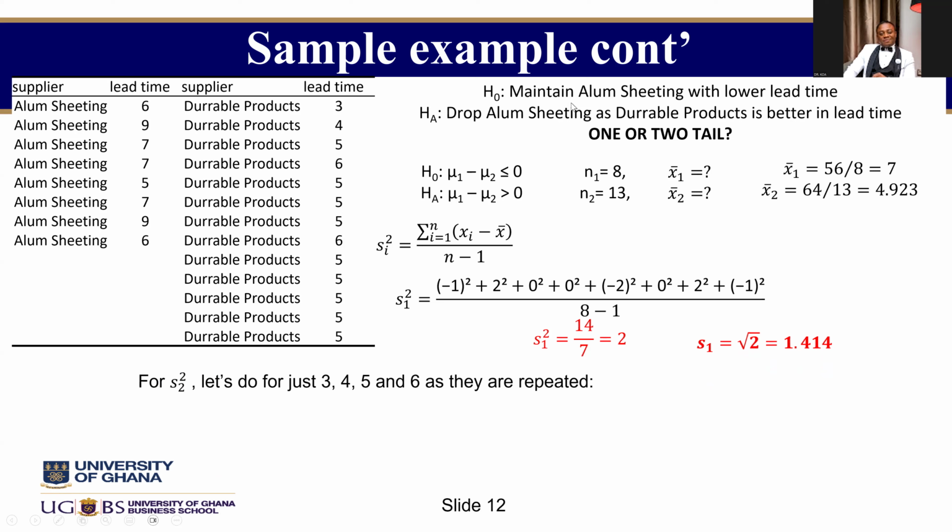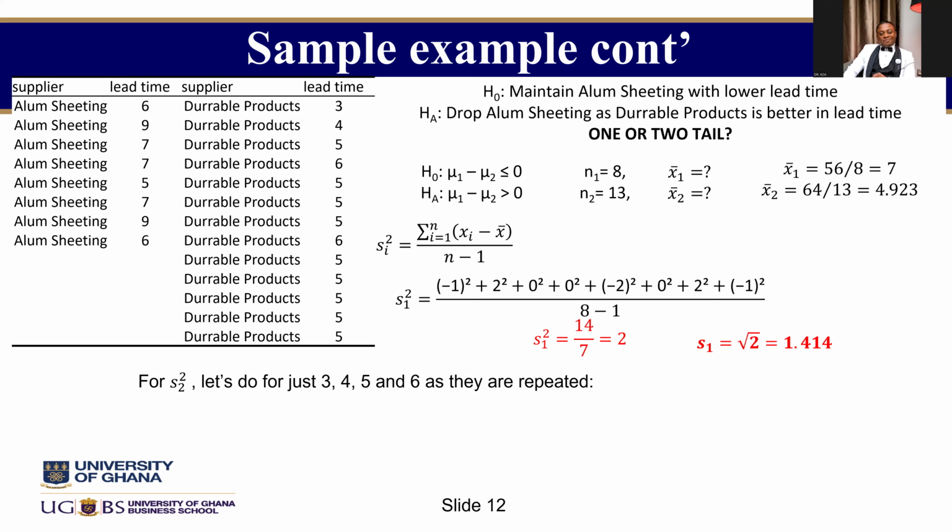Now, in the second one, check it. There are similarities. You have 3 appearing once, and then look at 5. 5 appears 1, 2, 3, 4, 5, 6, 7, 8, 9 times. So 5 is appearing 9 times. And look at 4. For some of the numbers, because they are repeated, we just have to do it for one of them.